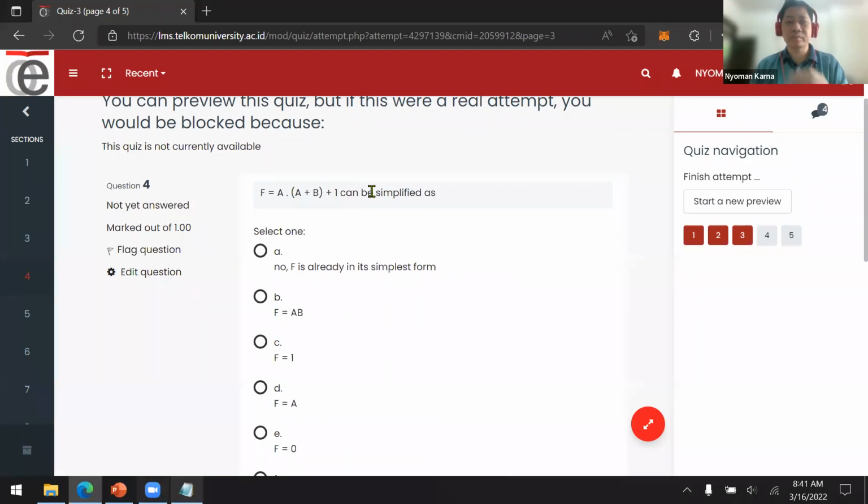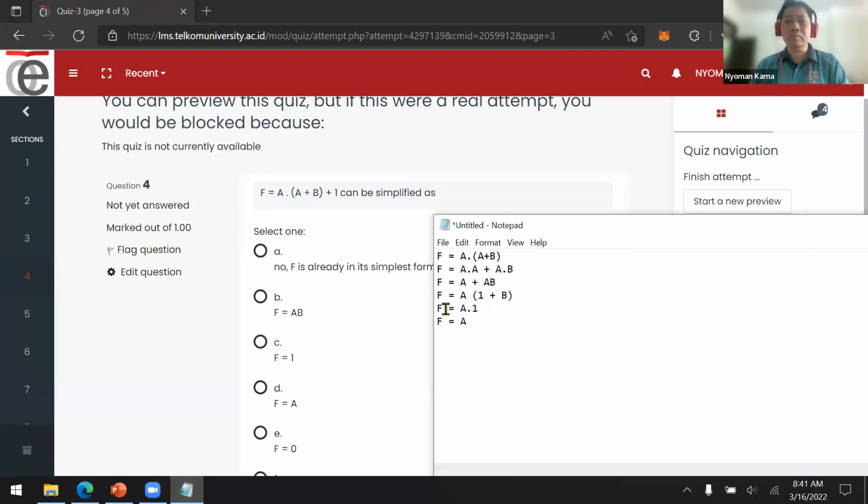Now, we have A times (A plus B), and then plus 1. We can try to simplify the function, but by using the identity law, we understand that everything plus 1 is always 1.